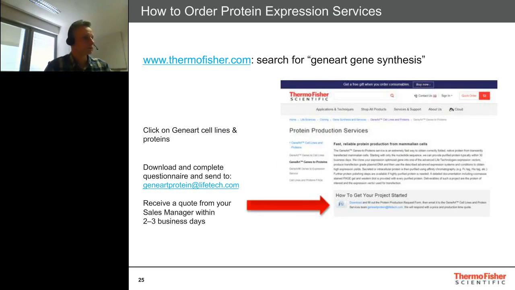Now, quickly how to order protein expression services. Just go to the Thermo Fisher web page, type in GeneArt gene synthesis, and click on the GeneArt cell lines and proteins section, and then you can download a questionnaire that you complete and send to a specific email address, geneartprotein@lifetech.com, and then a project manager will come back with the code or with additional questions if this is not clear from the information in the questionnaire.